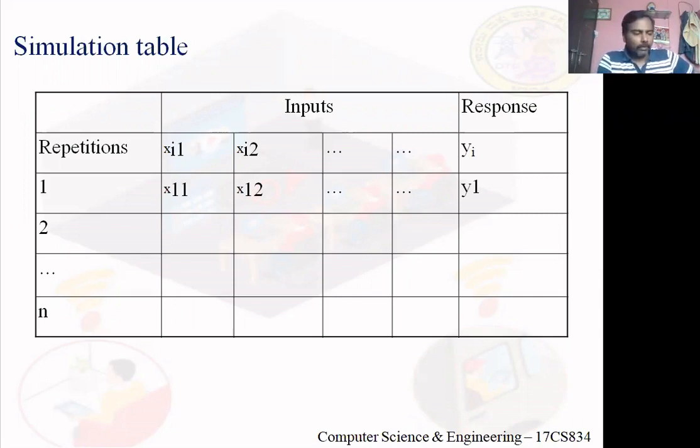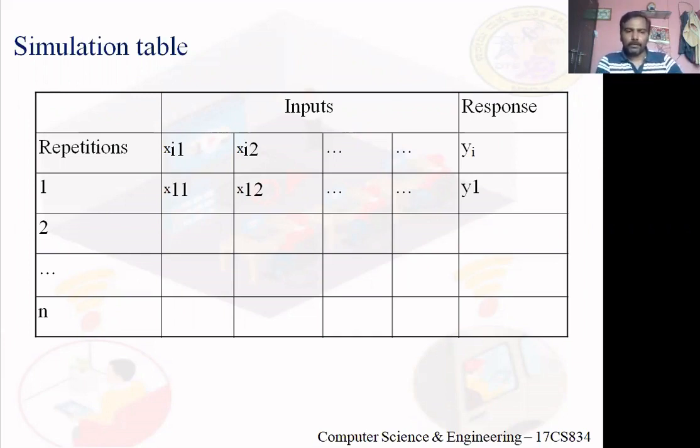When I say it's fixed, it means, suppose I ask you a question: simulate this system for n customers. In that case, I have specified n, right?